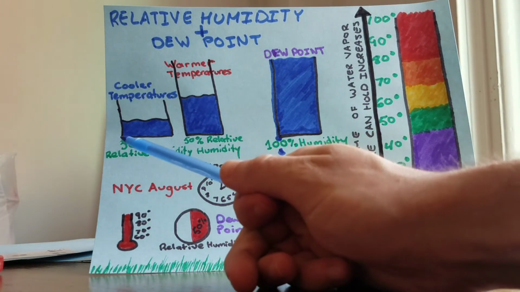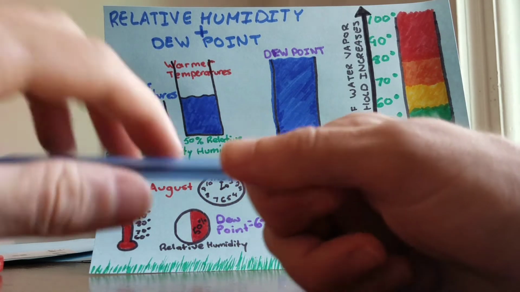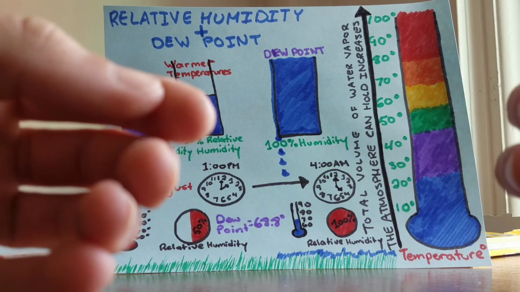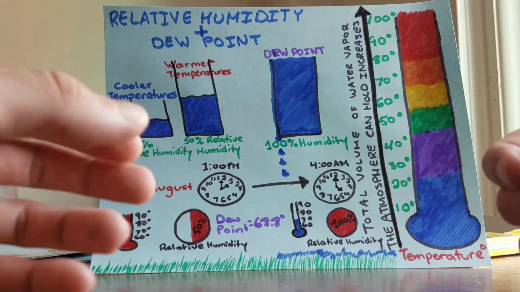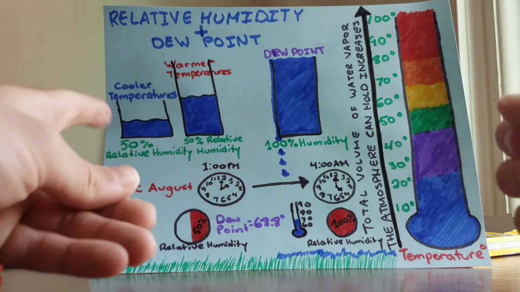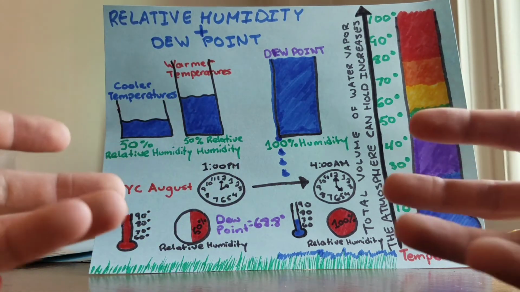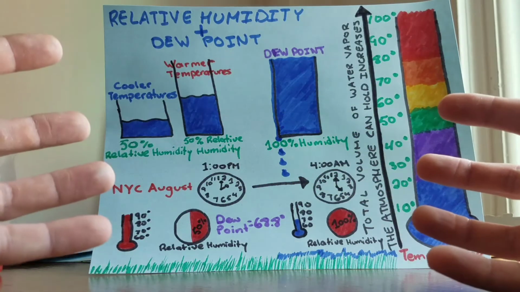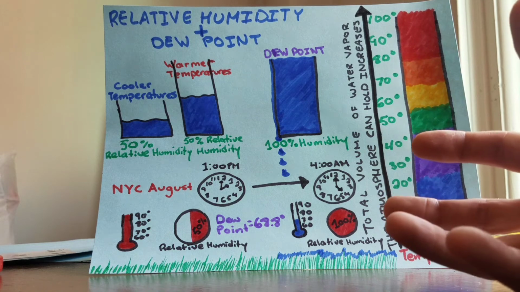Okay, 50% relative humidity in cooler temperatures and 50% relative humidity in warmer temperatures would not feel the same. Okay, these are very different amounts of actual water that's in the atmosphere, because of the actual amount of water vapor that those warmer temperatures could hold.